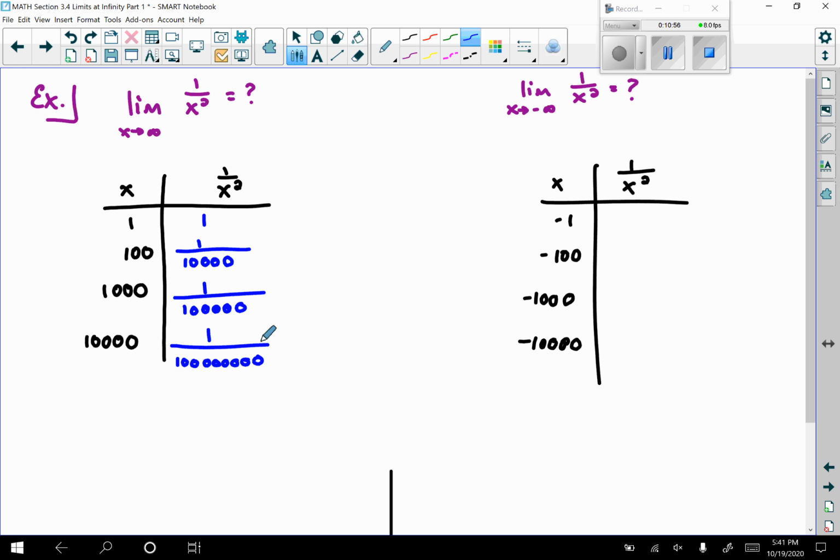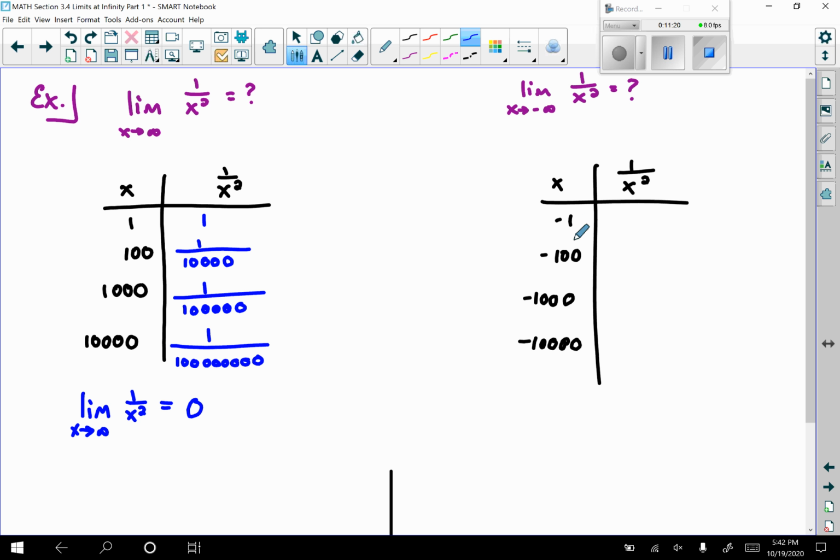You can just type that on the calculator to see. But notice these numbers, if I were to turn them into decimals, I'm going to get a point and a ton of zeros with a 1 here. So we could write that the limit of 1 over x squared as x increases without bound is practically 0. Now over here, because my denominator is squared, when I square a negative, I'm still going to get the same thing.